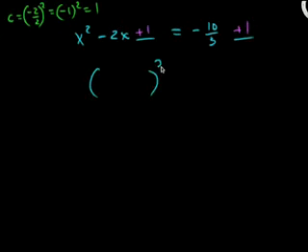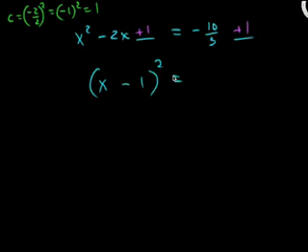I've created a perfect square. I've completed the square so that this factors into x with something, all squared. And what was that something? It was what I had right before I squared it. It's going to be x minus 1. The other place it came from was half of my b, right? Half of negative 2 is negative 1. So those are the two spots you could find that value.